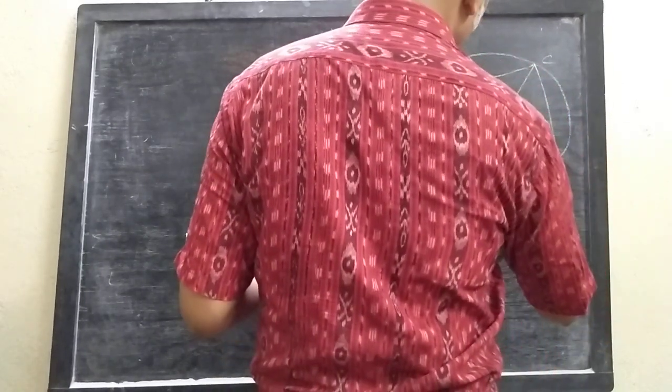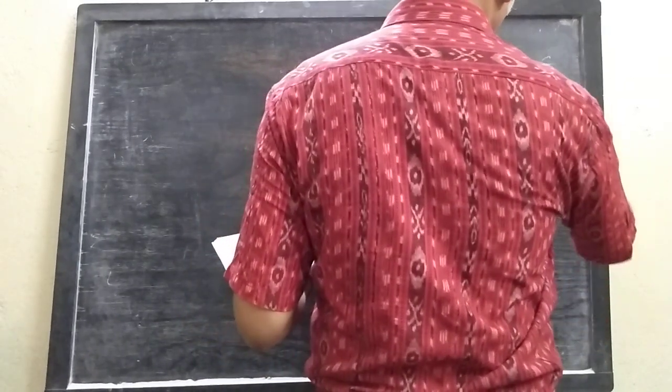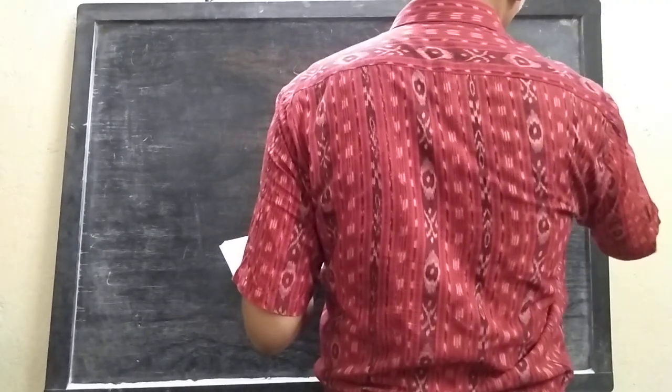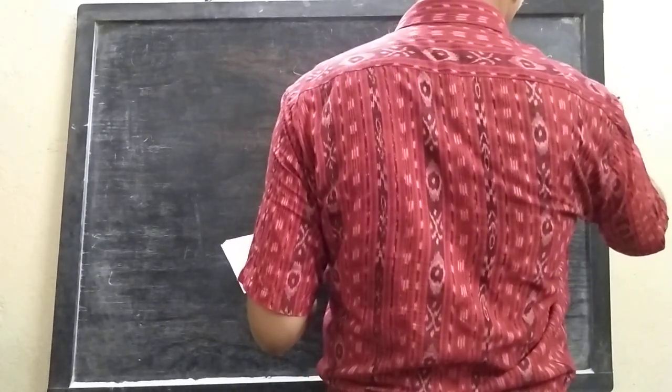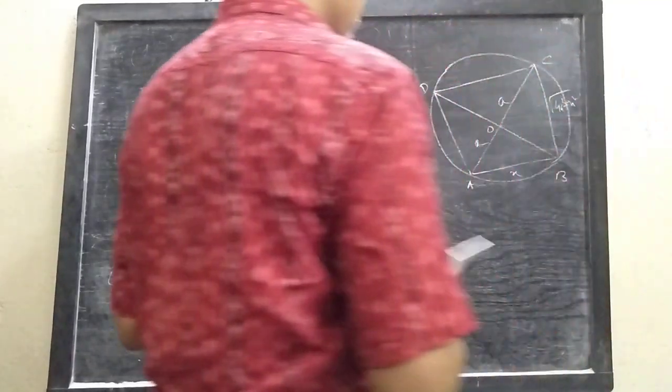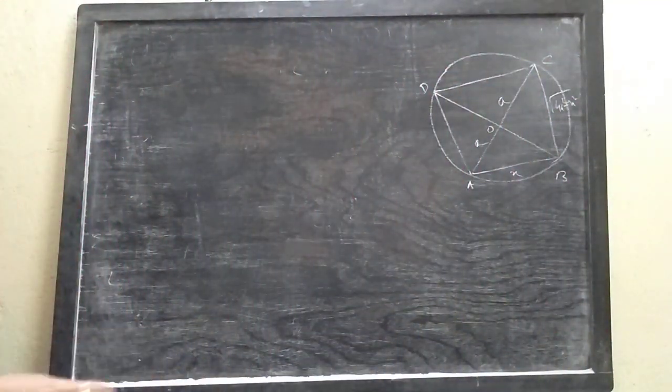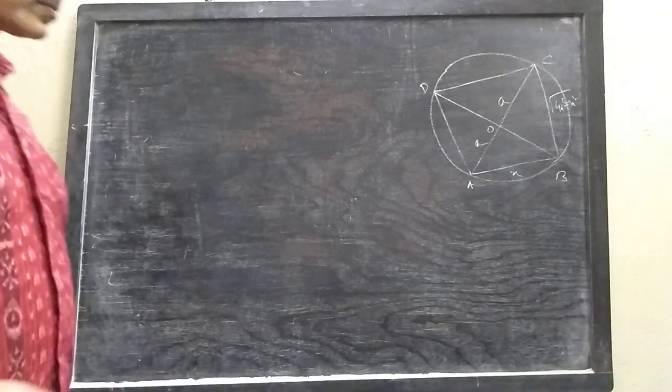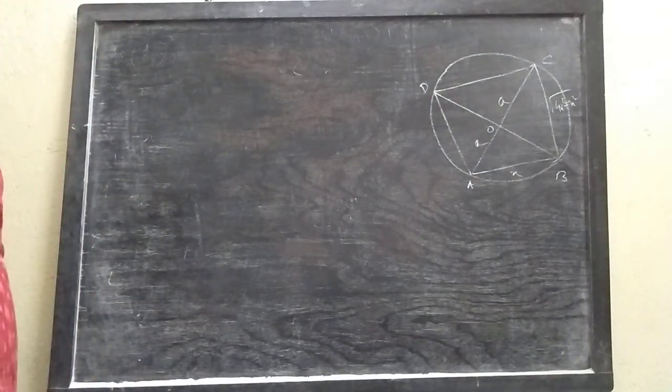So if you take one side as x, then the other side will be root over of 4a square minus x square. So, let one side of the inscribed rectangle be of length x units, and let the inscribed rectangle be ABCD.